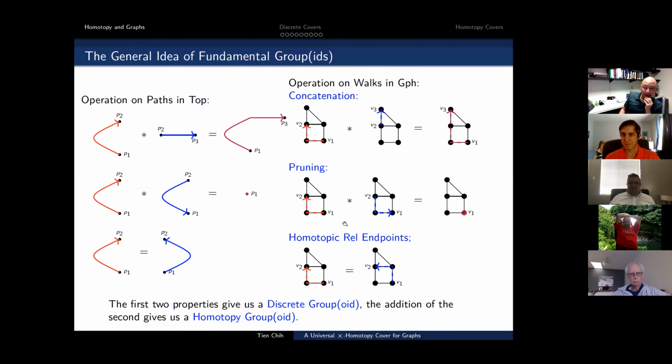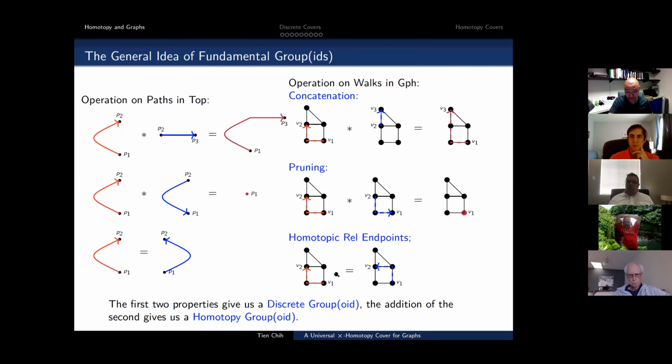And so what we want here is the sort of equivalent ideas. So we have a groupoid, a graph, or a group. Either way, our operation is concatenation, so that we have two walks, we can connect the walks, and then you get the resultant walk. We have a process that we call pruning, which is if you take this walk and then you walk backwards, then on each step we cancel the forward and back, and that gives you the null action.